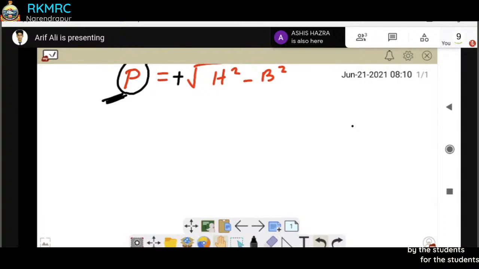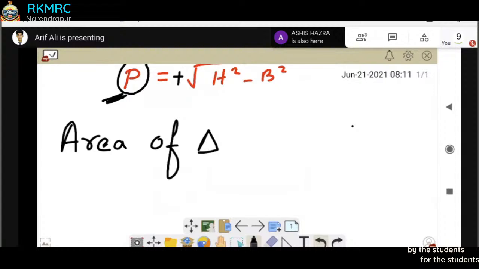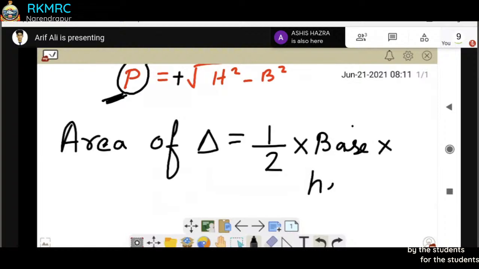And if you are asked to calculate the area of a right angle triangle, we write it like this: area of triangle is equal to half base into height.